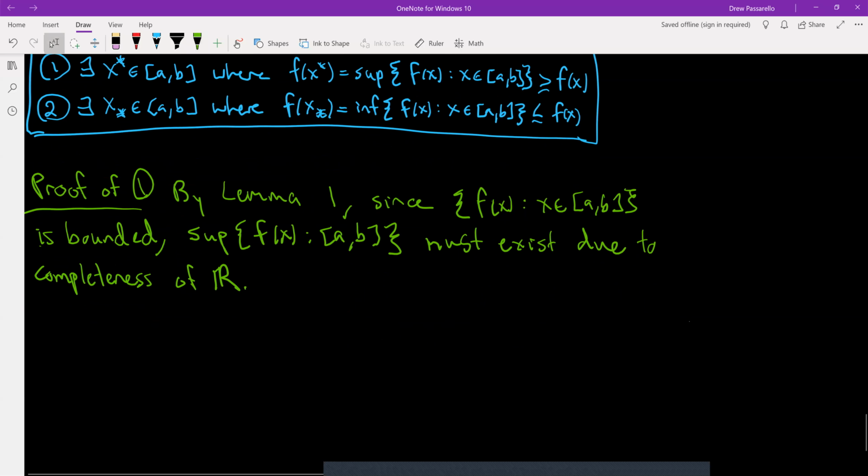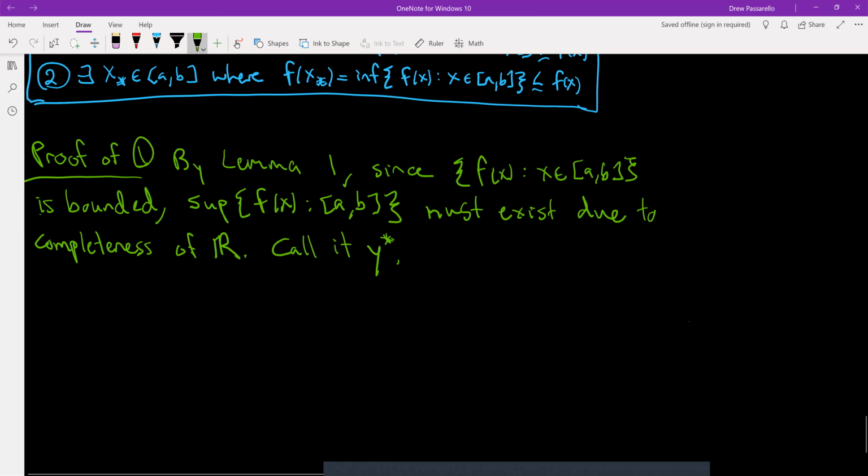Since the supremum exists, let's call it y*.